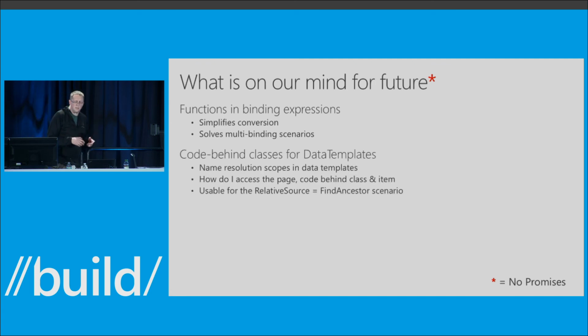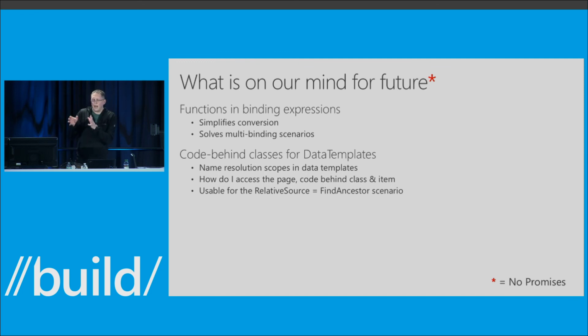Other things we've been thinking about: for data templates, we create a code behind class for it, but it's not truly a code behind class that you as a developer can play with. So we're looking at how to enable you to specify your own class for that data template and have your own logic tied together with function binding, so I could put functions in there and use those inside the bindings of that data template.